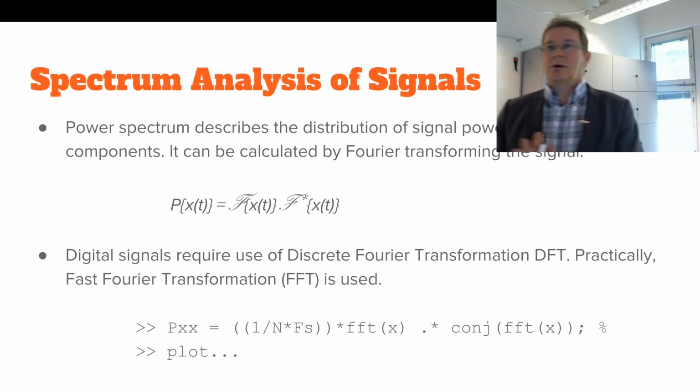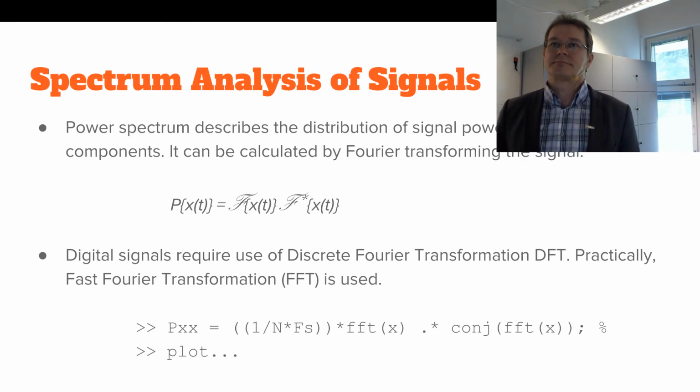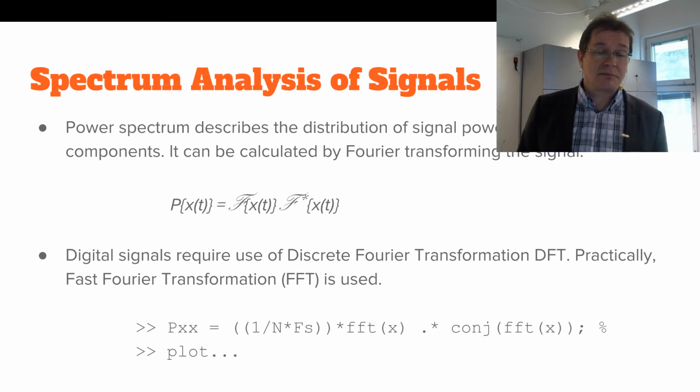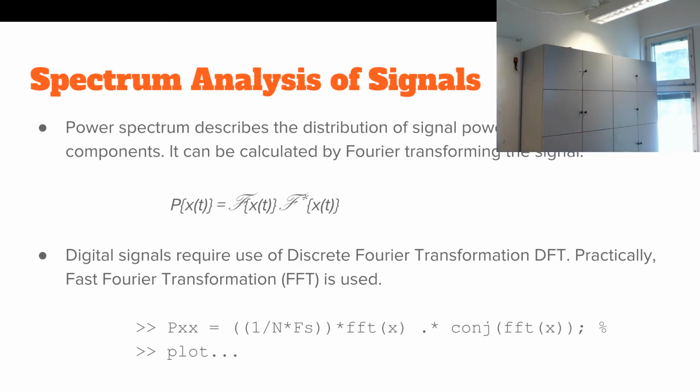Okay, so practically, MATLAB always uses the fast Fourier transformation unless you want it to do something else. However, to get the most out of the fast Fourier transformation, you need to have the number of samples as a power of 2, then you can get everything out of it.